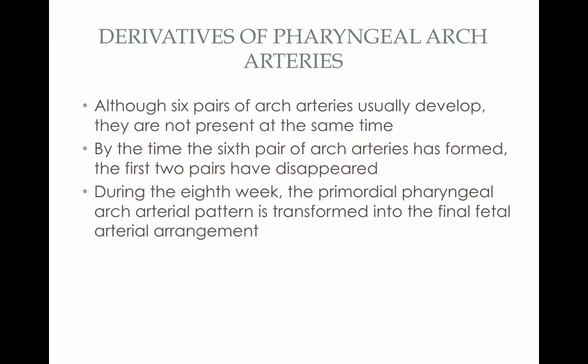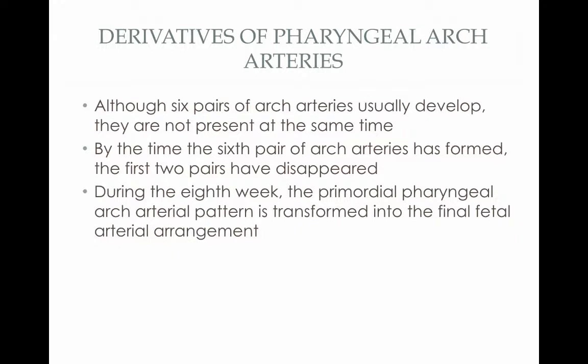And although there are 6 pairs of arch arteries that usually develop, they're not all present at the same time. By the time that the 6th pair of arches has formed, the first 2 pairs of arches have disappeared. And so as this takes place from the 4th week to the 8th week, that 8th week is kind of that final transformation.